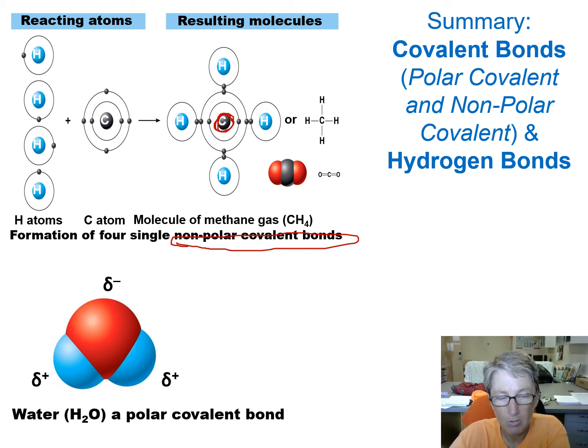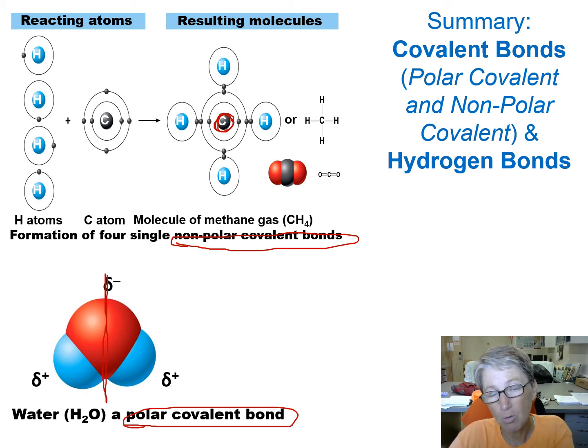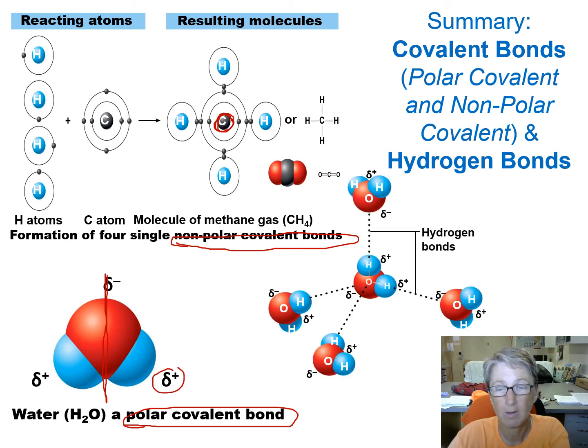And then water is a great example of showing you a polar covalent bond. So it's polar, so you kind of have a positive and negative pole. The negative part of the molecule is going to be where oxygen is, and the positive part of the molecule is going to be where hydrogen is. And then hydrogen bonds, remember, are bonds that form between molecules, not bonds within molecules.